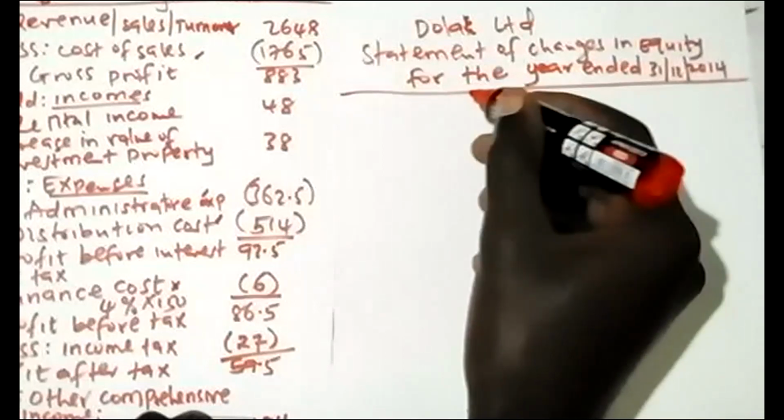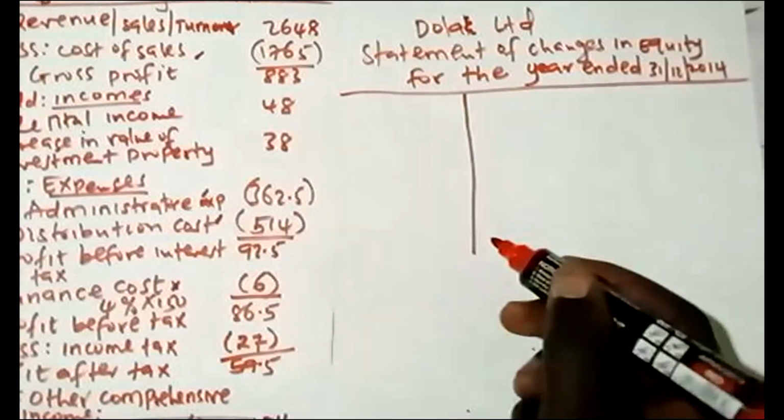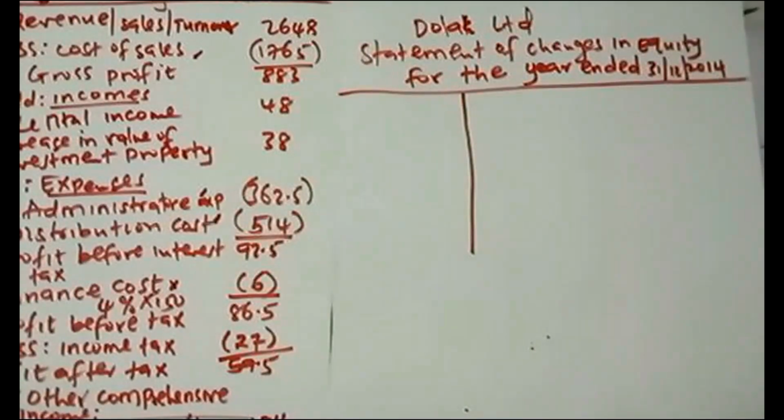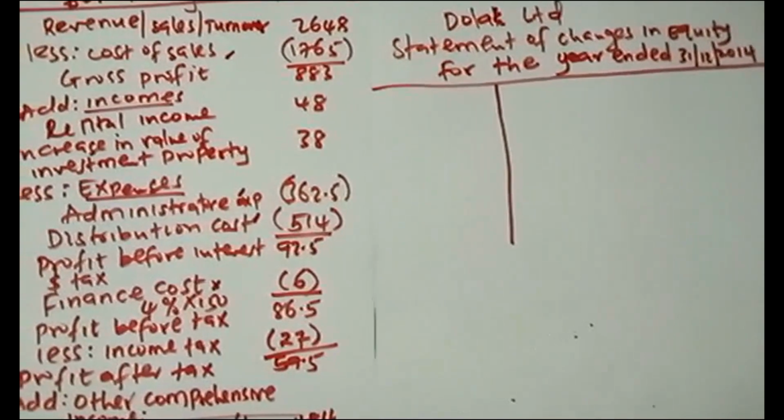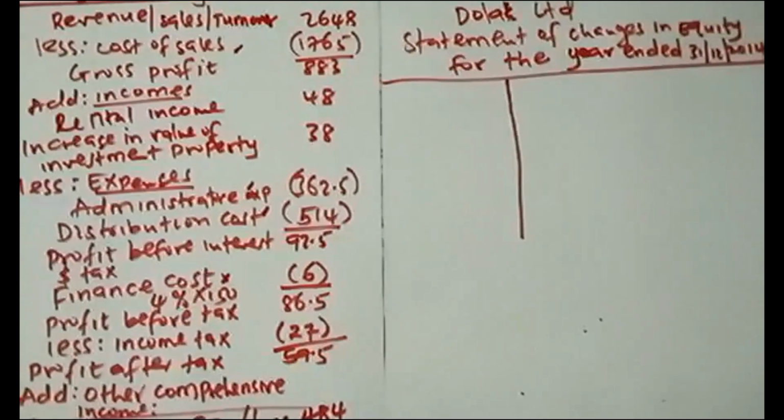You go and check the equity components we have, so that we list them, then determine their changes. Remember the statement of changes in equity shows the changes in equity items, like ordinary share capital, share premium, revaluation reserve, retained earnings, general reserve.